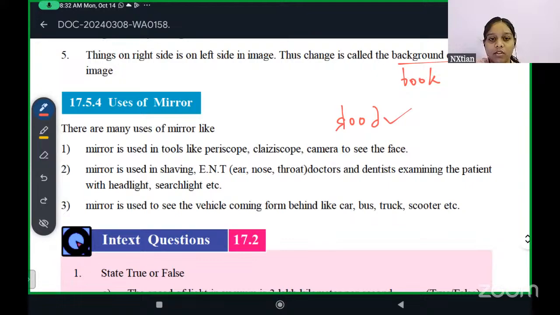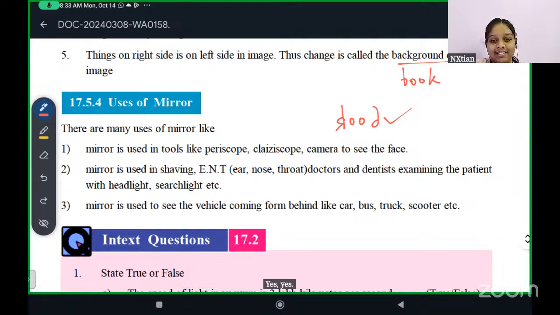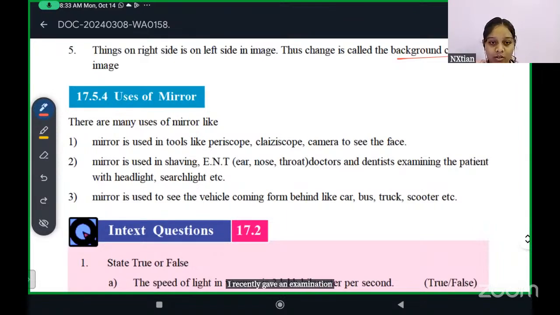Okay. Mirror images, I just now put my metal scale in front of the thing and I could see its reflection. Yes, yes, it will get reflected. Okay. All right, coming back to the uses of mirror. I recently gave an examination. And in that examination, we had questions based on mirror images, inverted images, and all of that.